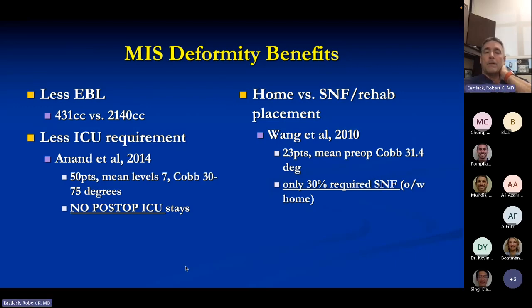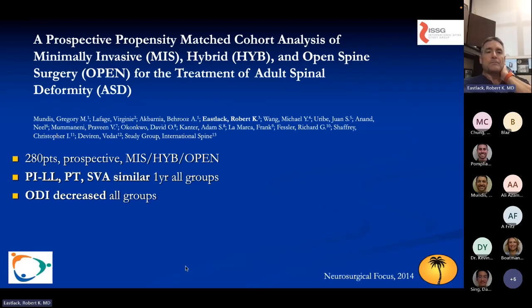The home versus skilled nursing facility rehab placement, Mike Wang looked at. And granted, again, fairly small deformities, but fewer skilled nursing facility requirements.